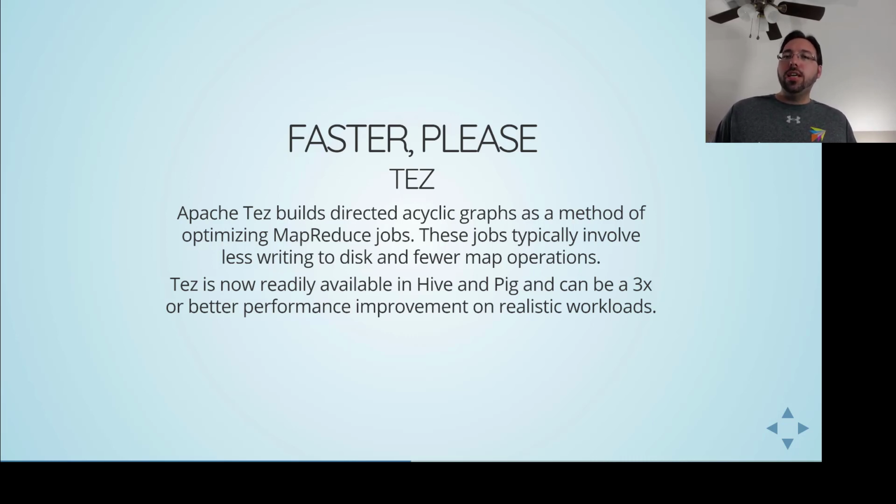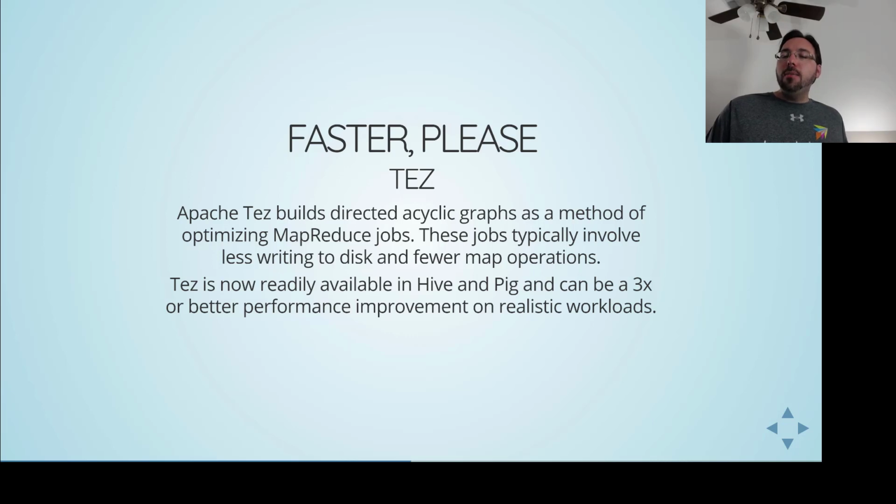Also, reducing the amount of times you write to disk and read from disk. This is now readily available in Hive. It's just built in, and you can get up to a 3x performance increase in a realistic production scenario because you're no longer reading from disk every time you start a process and writing to disk every time you end.